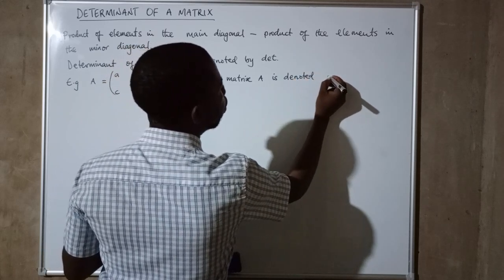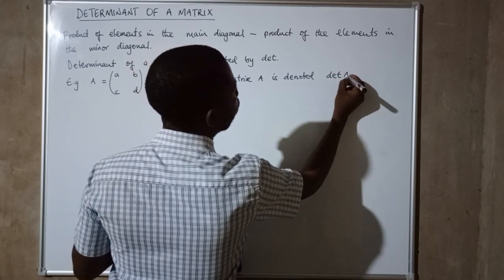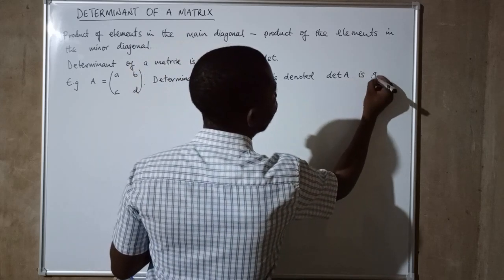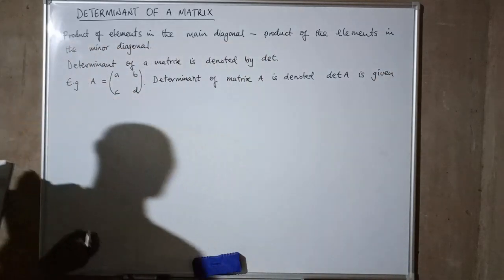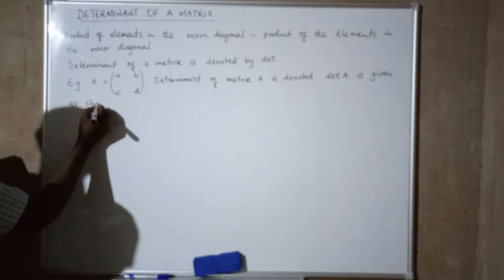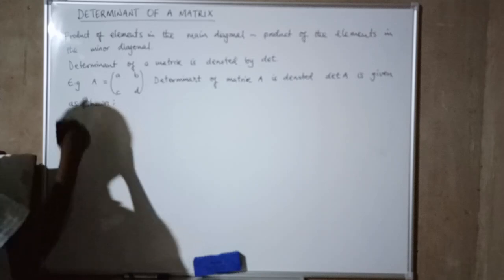Denoted as DET, then A. So it is given as shown. So this is how we are going to give.